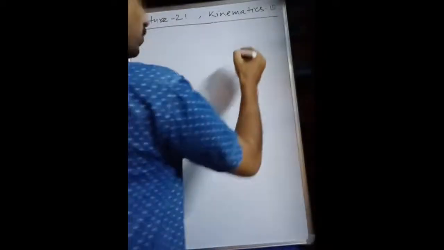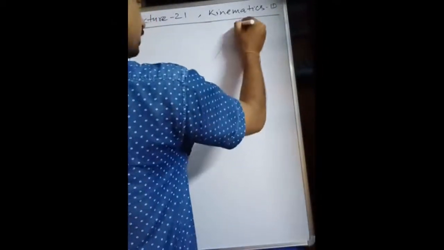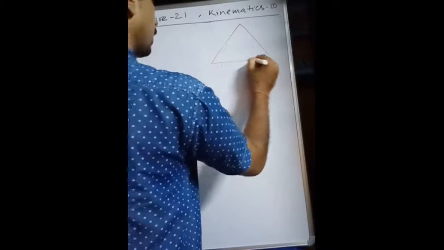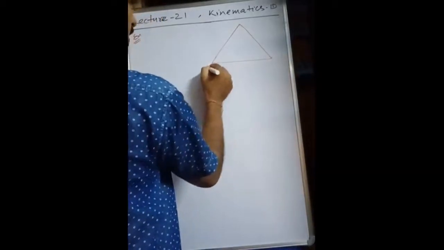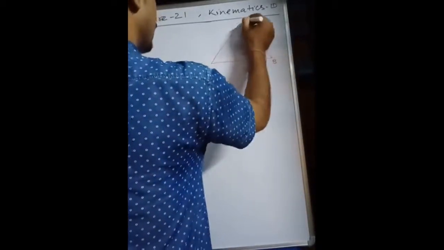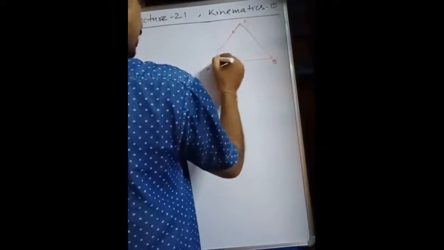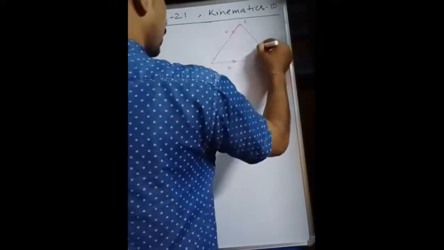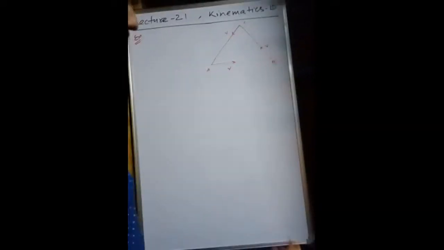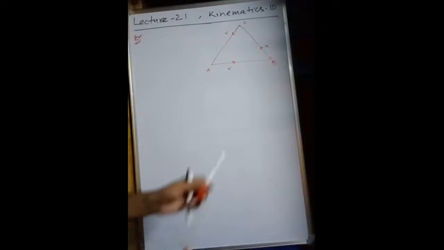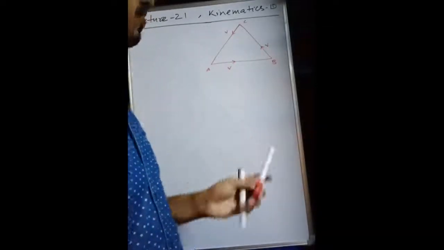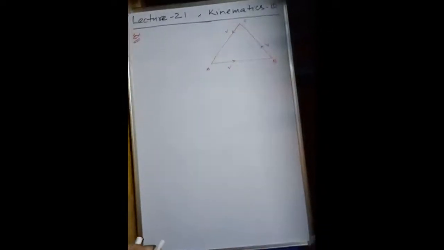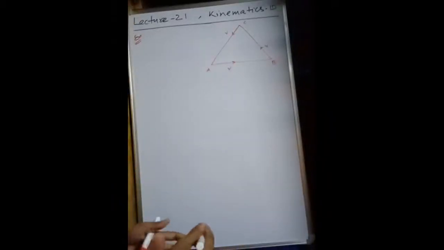Three students A, B and C are moving to catch each other with the same constant speed, and we have to find where and when the students will catch each other. So I'm going to solve this question.